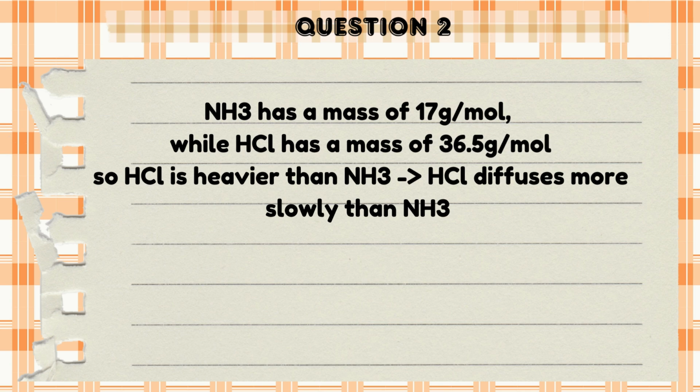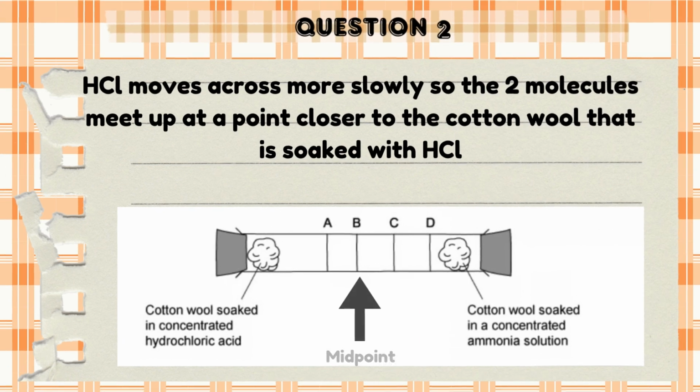Let's look at our diffusion process. First, determine which gas is heavier and which is lighter. NH3 or ammonia weighs 17 grams per mole, while HCl or hydrogen chloride weighs 36.5 grams per mole. So of course HCl is heavier and will diffuse more slowly. The two gases move across the test tube.